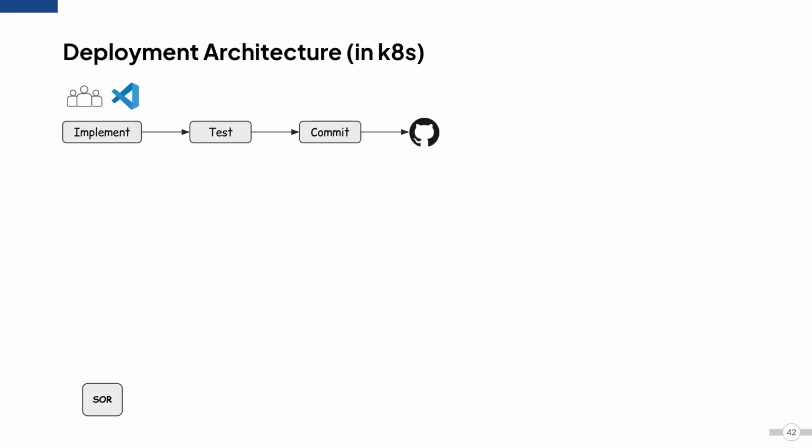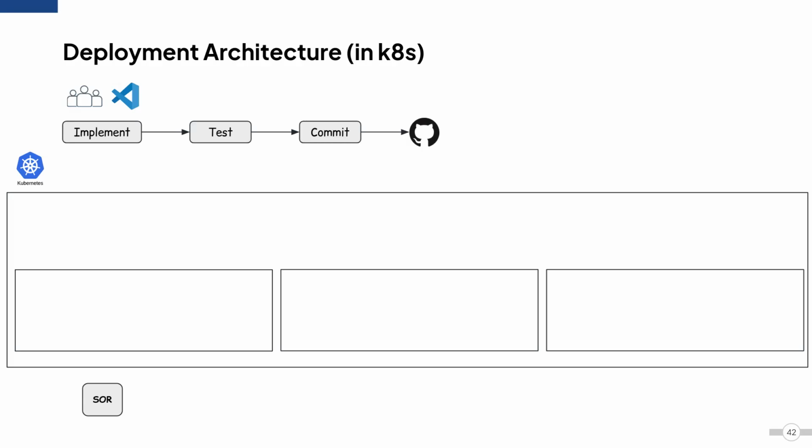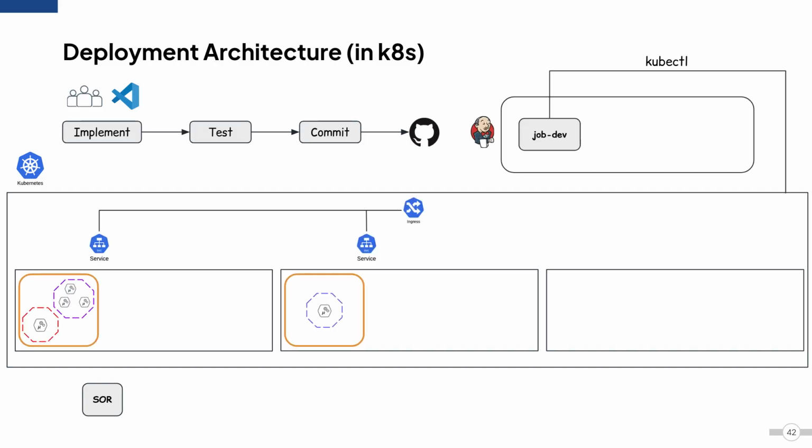So in Kubernetes, you do the same thing, but instead of different virtual machines or physical machines, you have a Kubernetes cluster, where multiple worker nodes are there, and you have a deployment job, and your deployment job basically uses kubectl commands to fetch your microservices from your code repository, in which case you probably would have Dockerized it, and it does the deployment into the development environment.